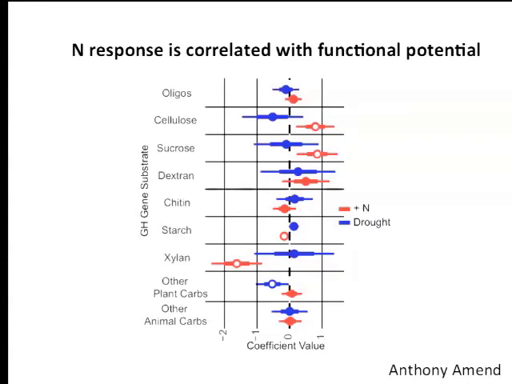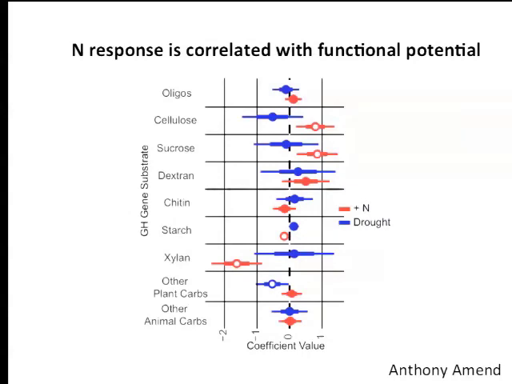However, you'll see I'm showing the significant values as the open circles. So there are actually 4 open circles here for the red points. That means in 4 cases that we looked at, there was a relationship between whether you responded positively or negatively to nitrogen addition and how many glycoside hydrolase genes you were carrying.